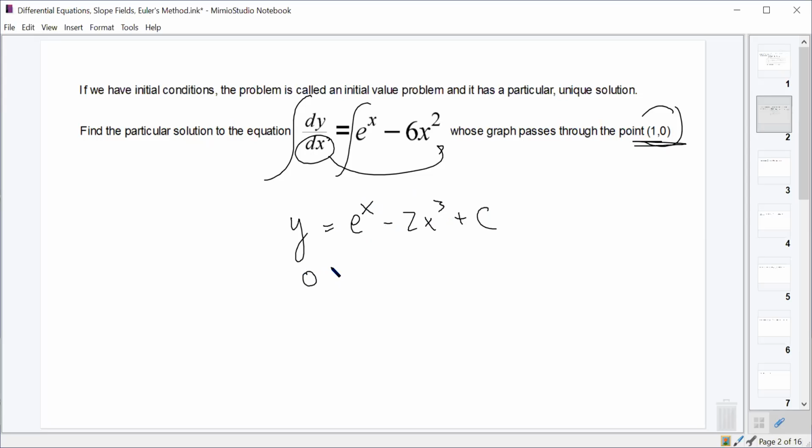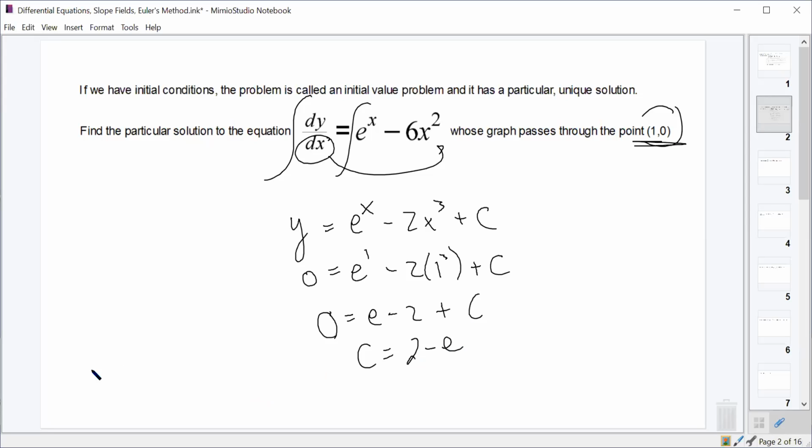So we'll plug in 0 for y, 1 for x, and we'll end up finding our constant, which is, in this case, e minus 2 plus our constant equals 0. So our constant is 2 minus e.